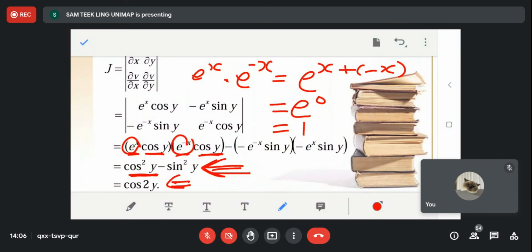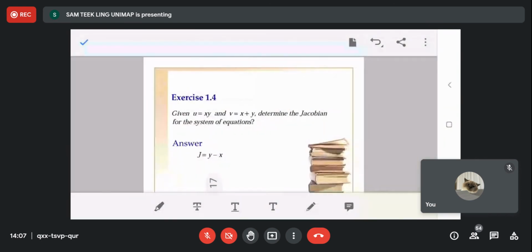So this one is the Jacobian. This one will be used in the inverse function. This one will continue to be used in the inverse function. So make sure you know how to find your J, Jacobian.